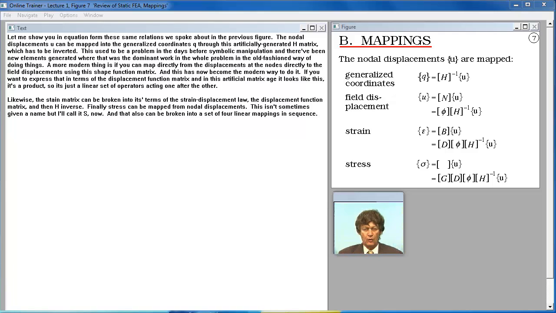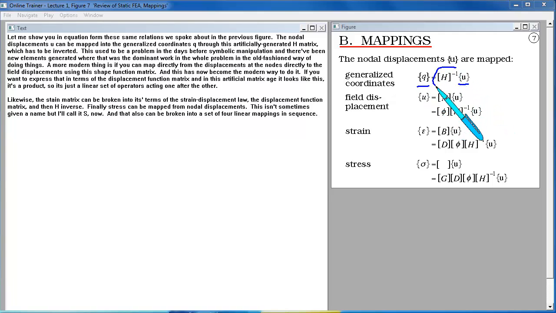Let me show you in equation form the same relations that we spoke about in the previous figure. The nodal displacements U can be mapped into the generalized coordinates Q through this artificially generated H matrix, which has to be inverted. This used to be a problem in the days before symbolic manipulation, and there have been new elements generated where that was the dominant work in the whole problem, in the old-fashioned way of doing things.